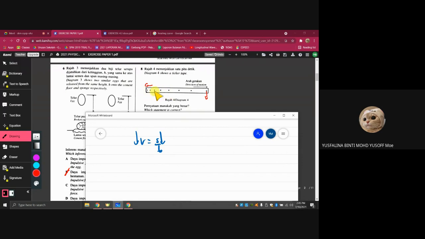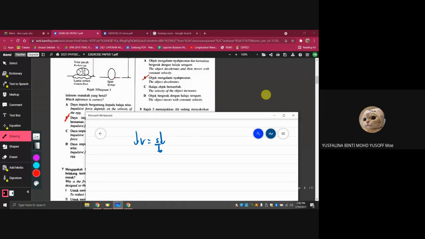If the distance from one dot to another dot is the same, then we can say the velocity is constant. But now you can see the distance between two dots is decreasing. So the velocity decreases. The answer should be decelerates. That's the way to find the motion of the ticker tape.